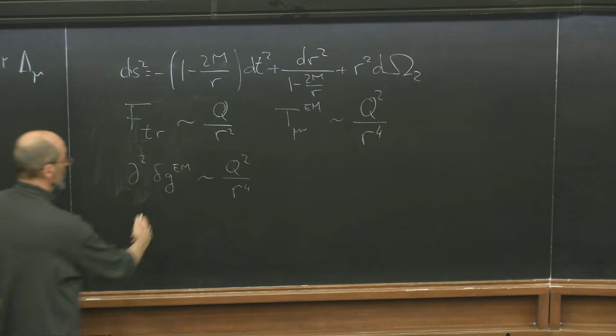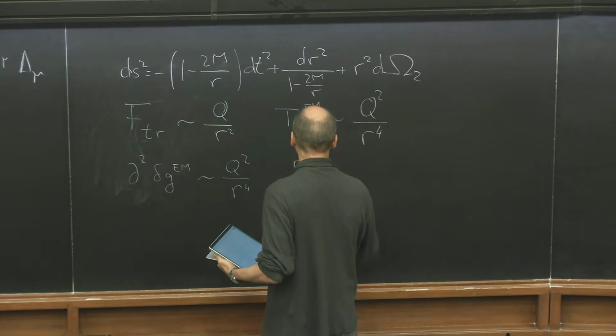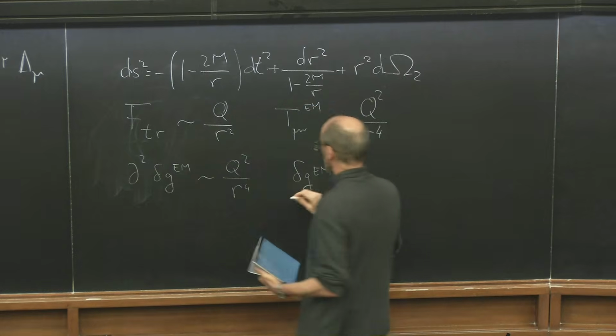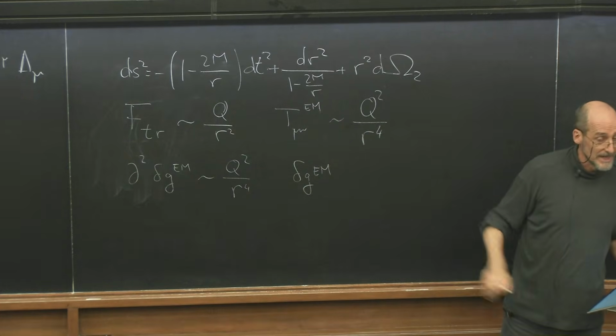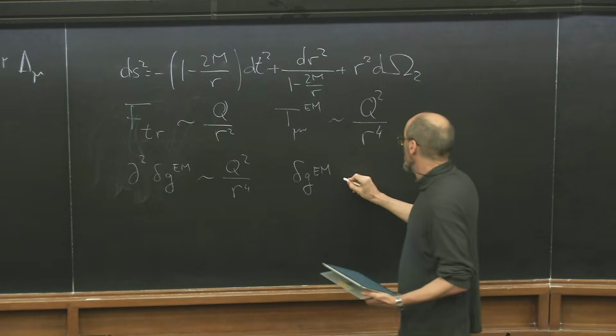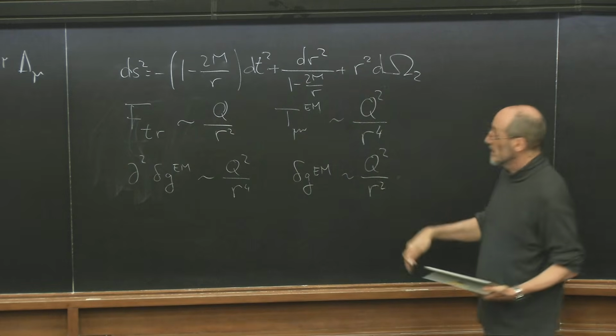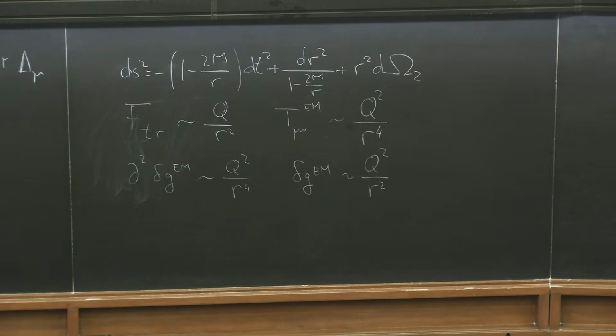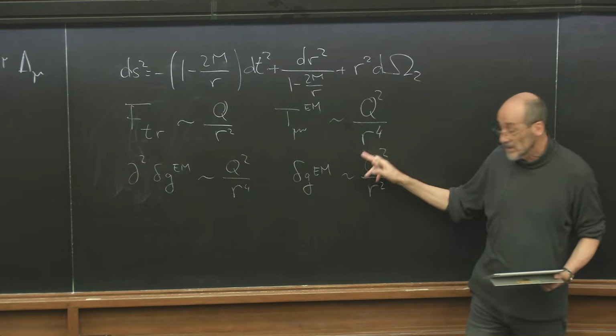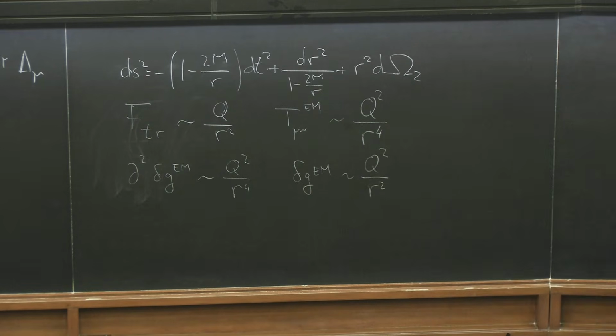So then this means that the correction to the metric coming from the electromagnetic energy will be like Q squared over R squared. And then when we solve the equations, we will see that this metric gets corrected precisely by terms of this order. Okay, so that's just a first hint of what we can expect the geometry to be like.